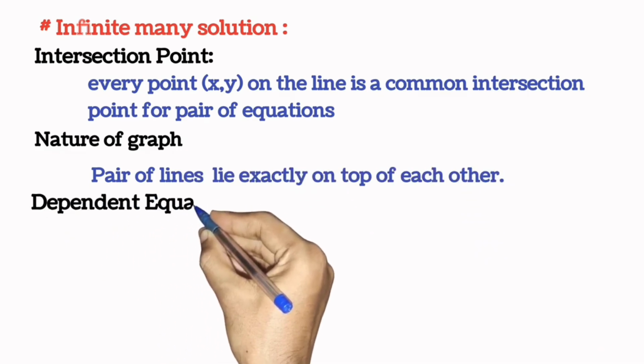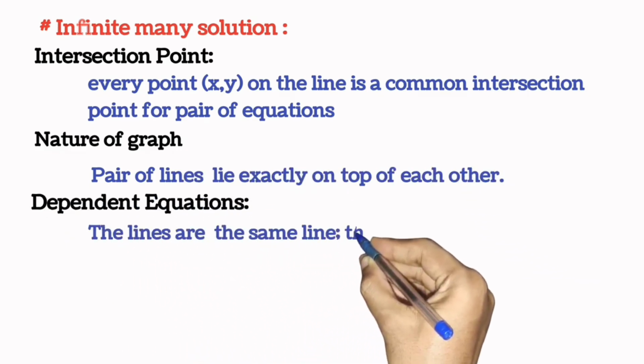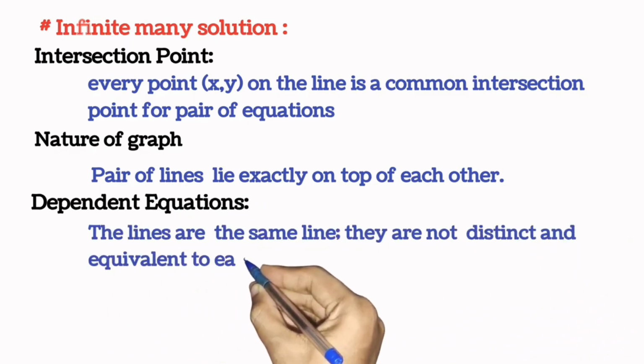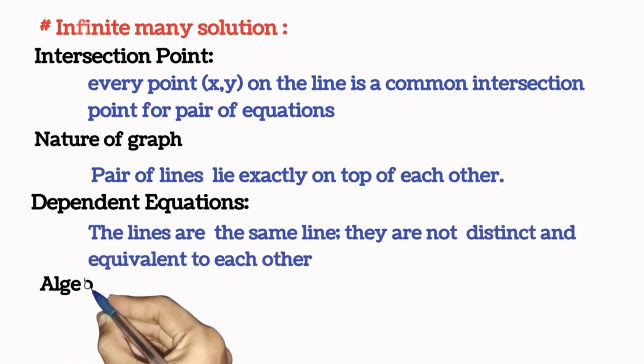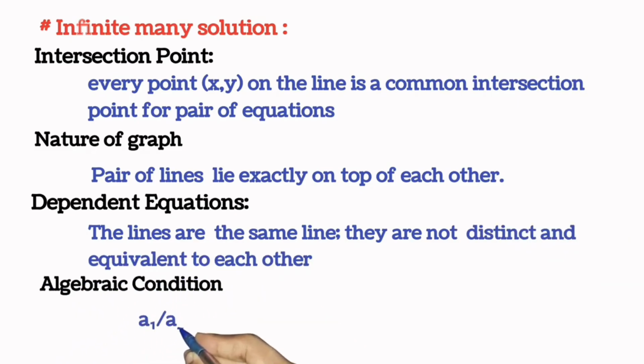Dependent equations for infinitely many solutions: the lines are the same lines, they are not distinct and are equivalent to each other. Algebraic condition for infinitely many solutions is a1 by a2 equal to b1 by b2 equal to c1 by c2.